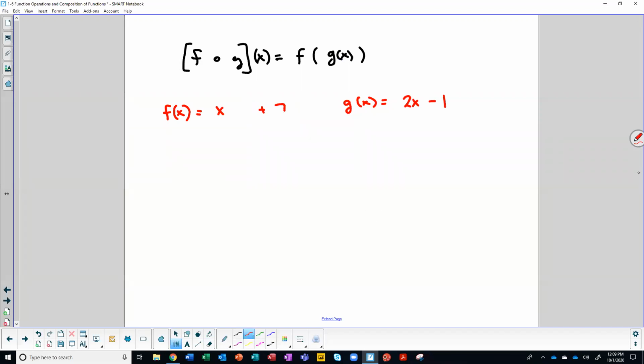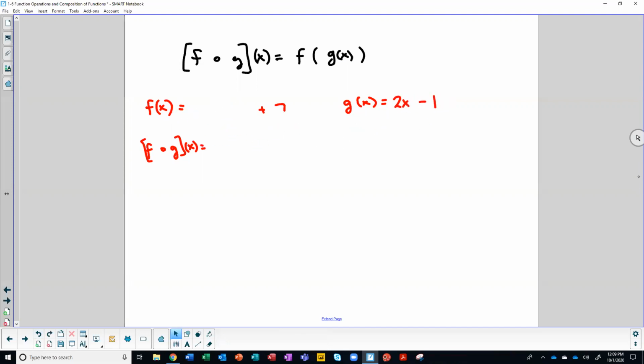So here's what happens when you want to find f of g. I'm looking for f of g. What's going to happen is this x is going to get removed, and it's going to get replaced by 2x minus 1. It's going to come in and fill a spot. That's what's going to happen.